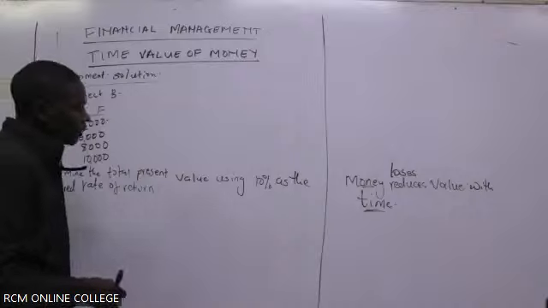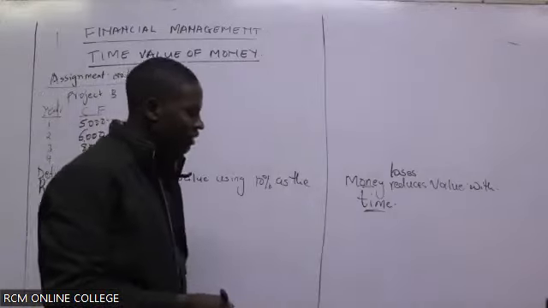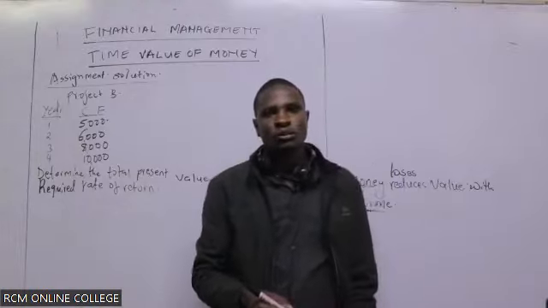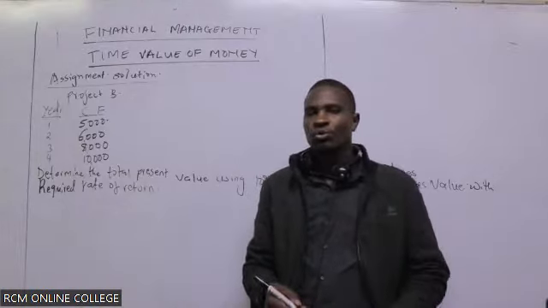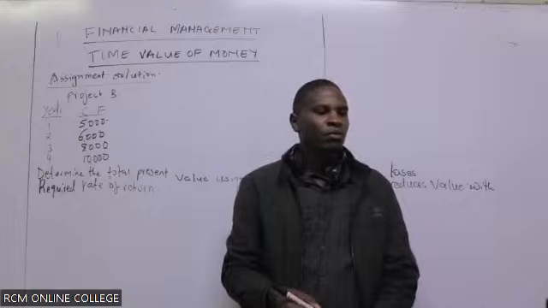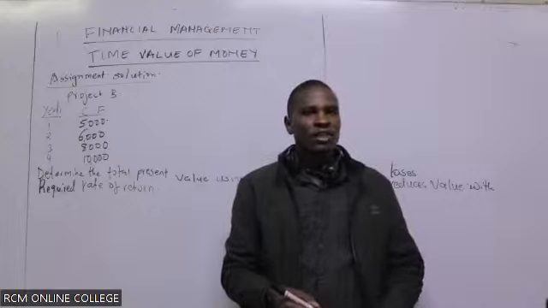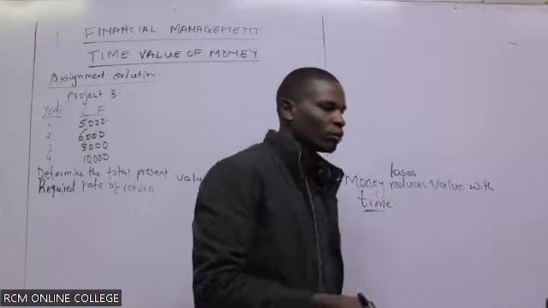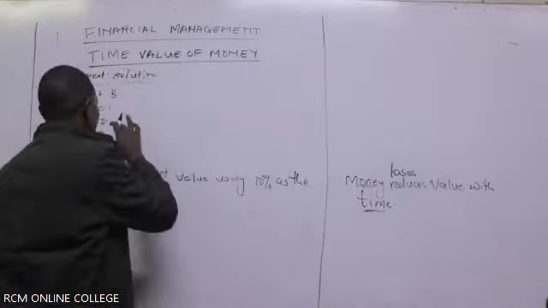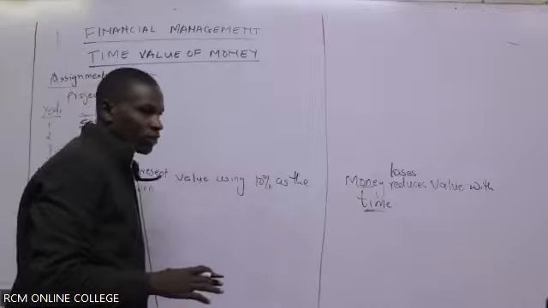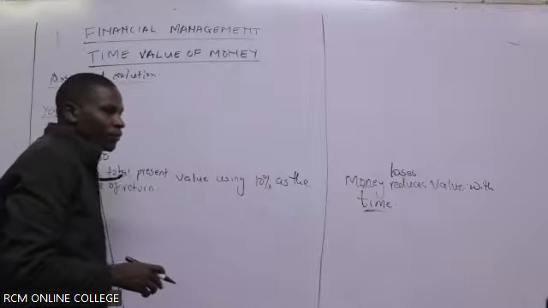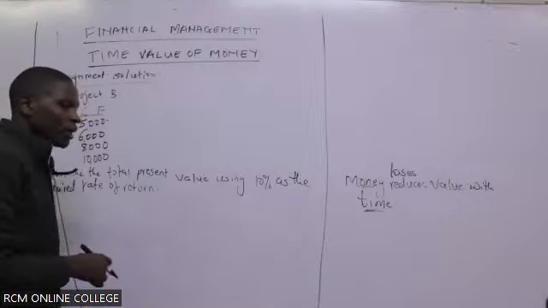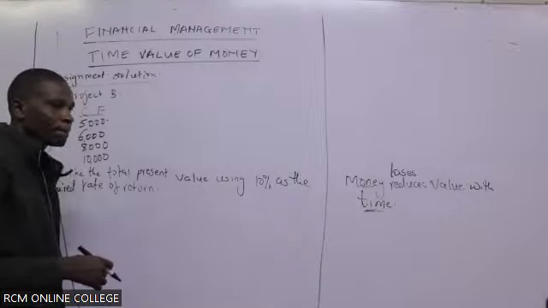Once the examiner asks you such a question, you need to first of all identify the type of cash flow that you have. Are we dealing with regular or irregular cash flow?